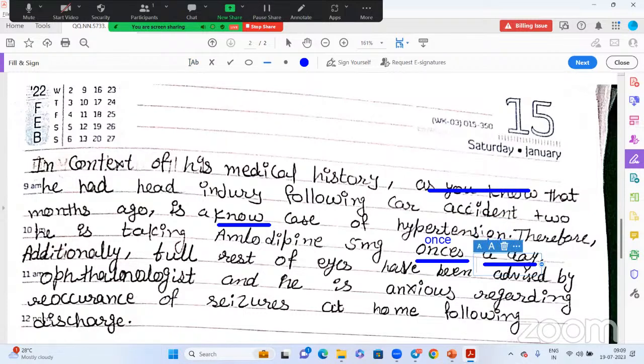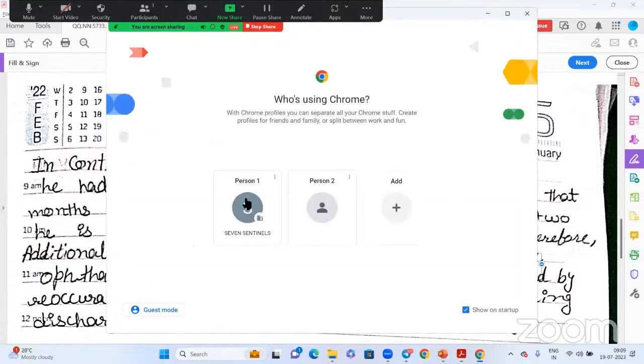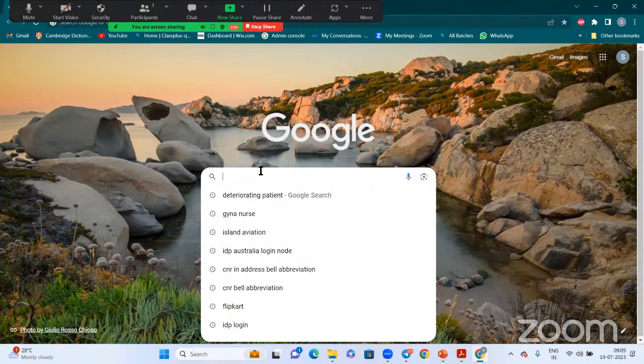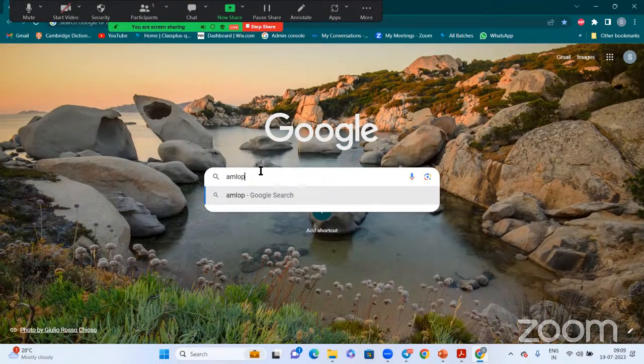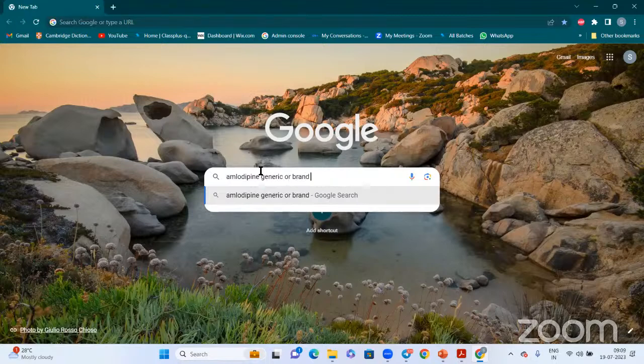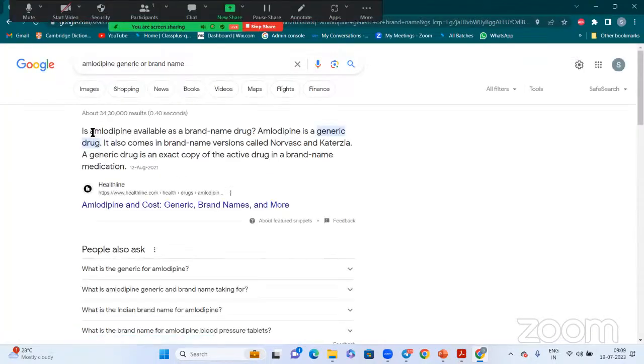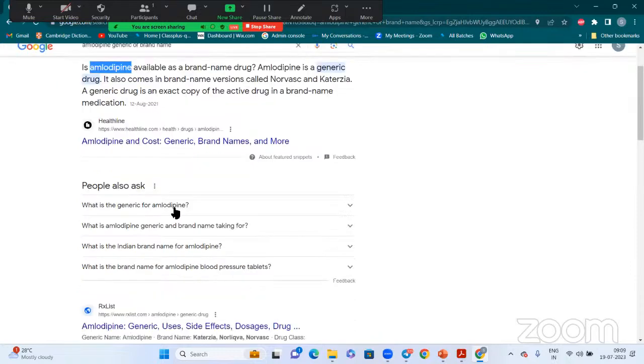He's taking Amlodipine. Is Amlodipine a brand name or generic name? Generic or brand names are written with a capital letter, in the beginning capital, but in the middle small letters.